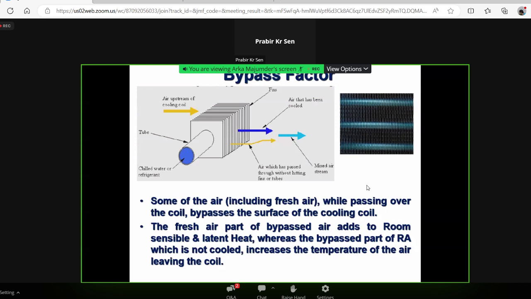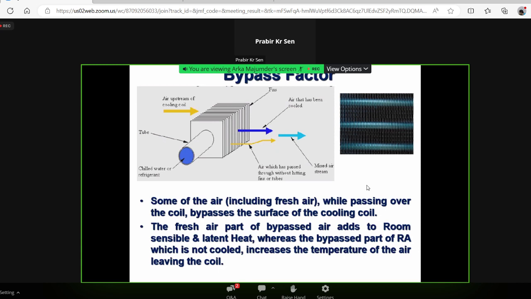Bypass means that the air coming out from the coil may have a temperature of say 12 degrees centigrade, whereas the cooling coil temperature is normally around say 10 degrees centigrade.